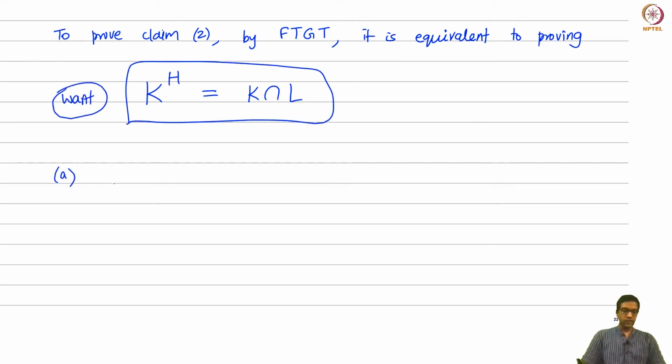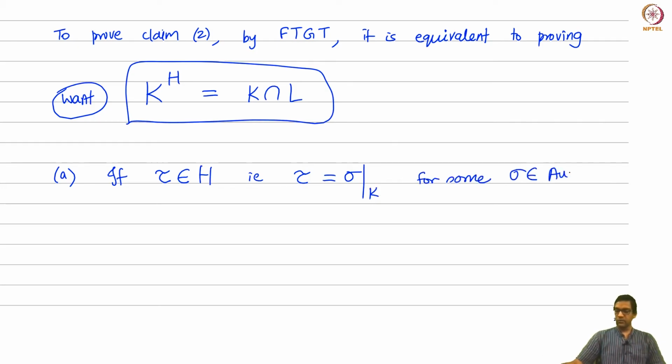First observe that elements of H, so if tau belongs to H, what does that mean? That means tau is of the form, the restriction of sigma for some element coming from the Galois group of KL over L.